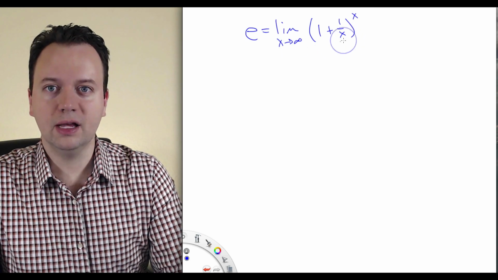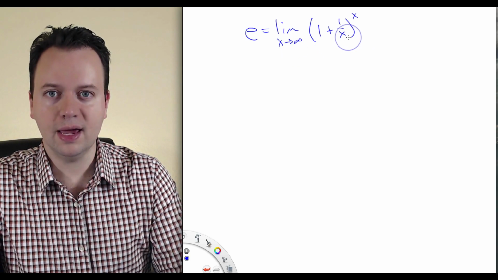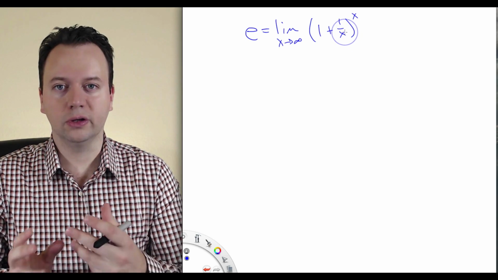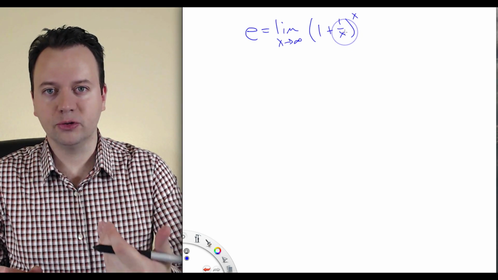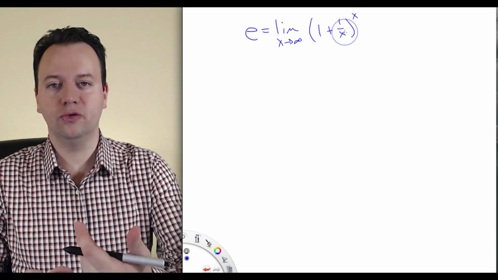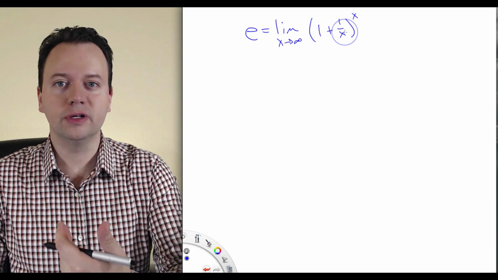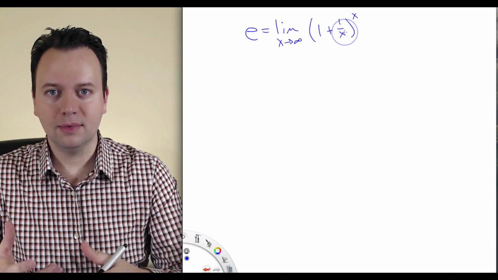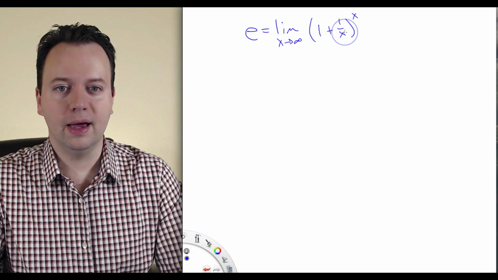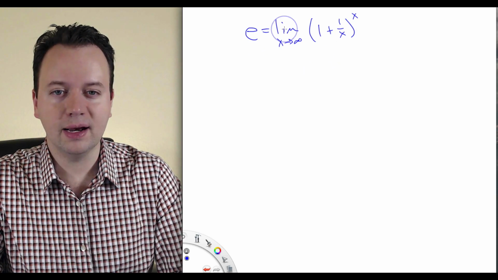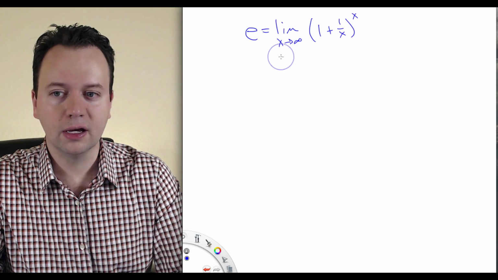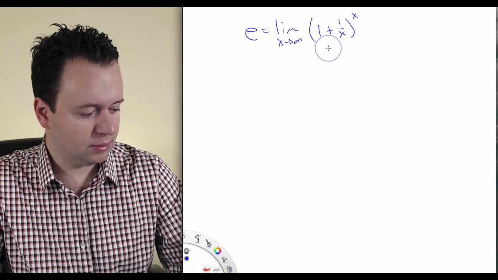We motivated this in terms of compounded interest, when we took the limit as the number of times compounding occurs goes to infinity. If we compound interest continuously instead of at discrete moments in time, this number shows up. So for this lecture, we'll take this as a given.